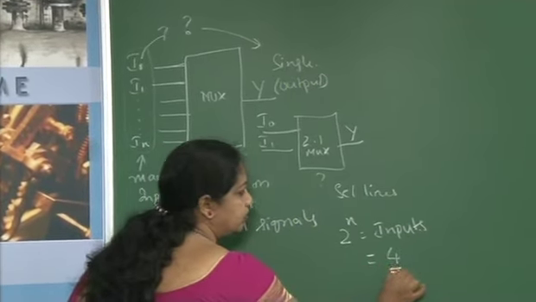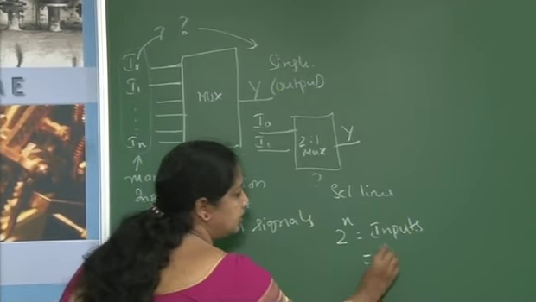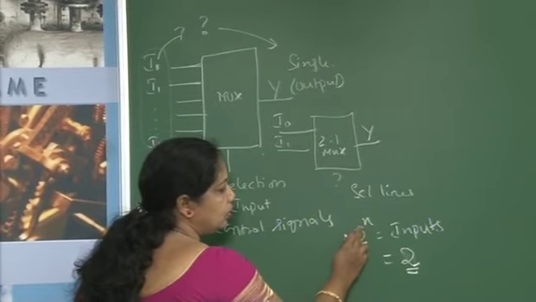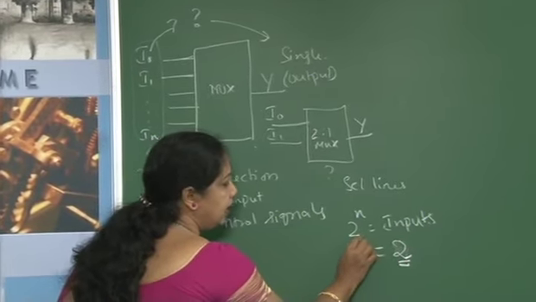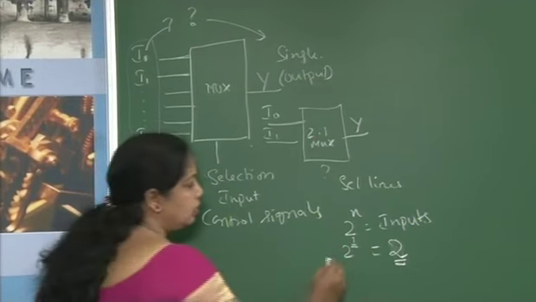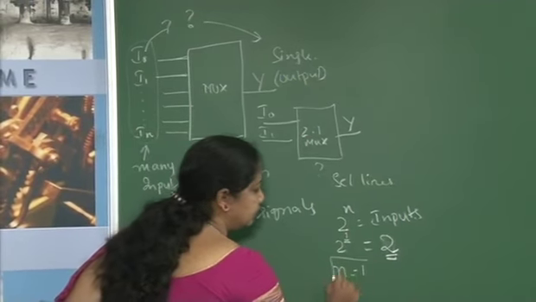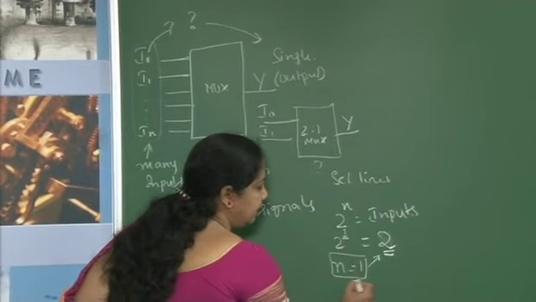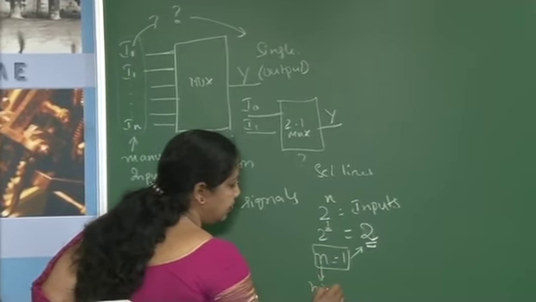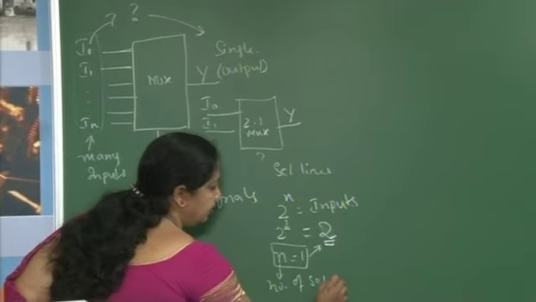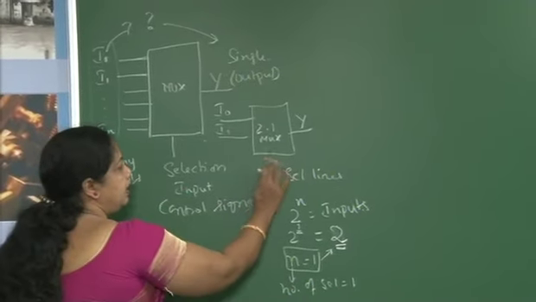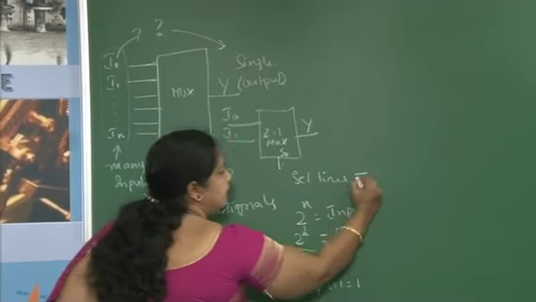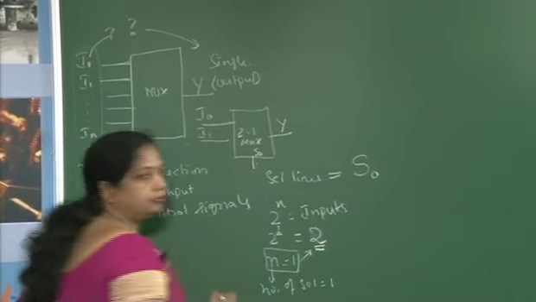Here the number of inputs is 2. So what should my n value be to get this 2? n should be 1. If n is 1, the number of selection lines will be 1. So I write here 1 selection line. The selection line is represented by S0.